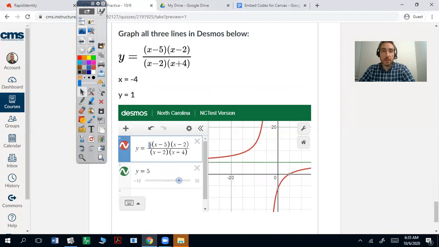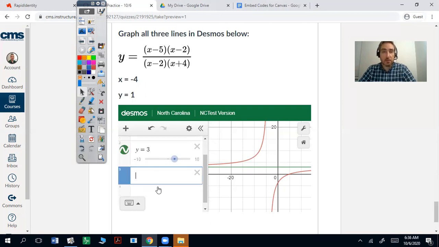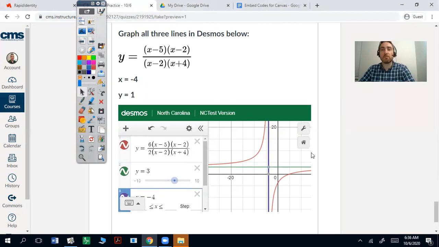Or if I made this 6, but I made this 2, well, 6 divided by 2 is 3. So it's always going to be the coefficient of the top divided by the bottom if the degree is going to be the same for that horizontal asymptote. But notice the vertical asymptote didn't change, right? It's still going to be x equals -4, no matter what I do with those coefficients.